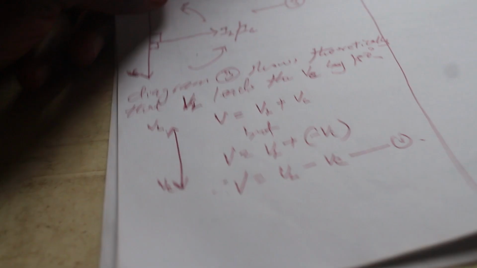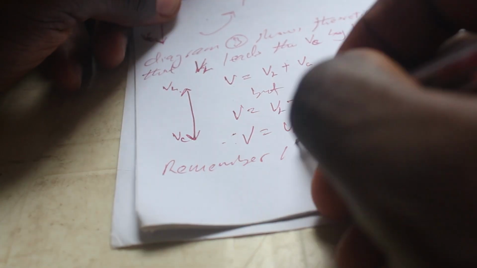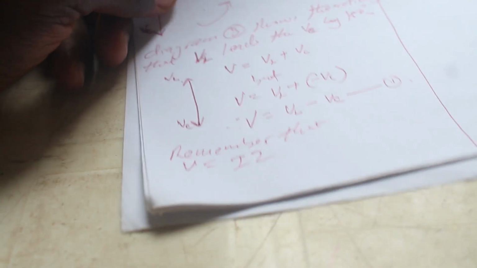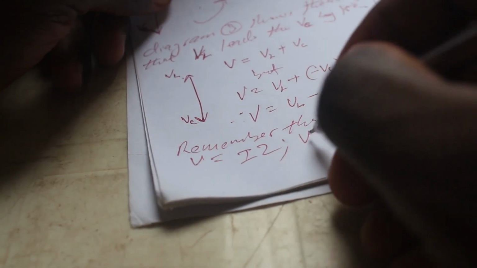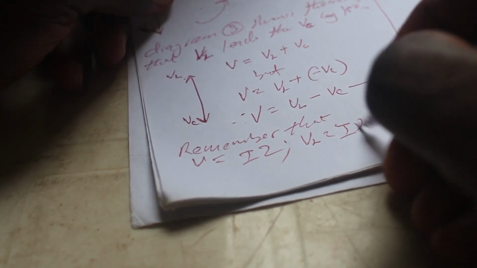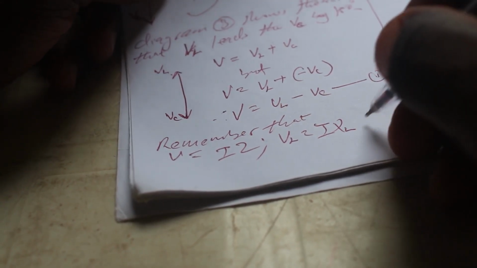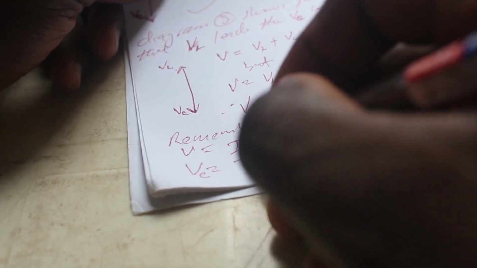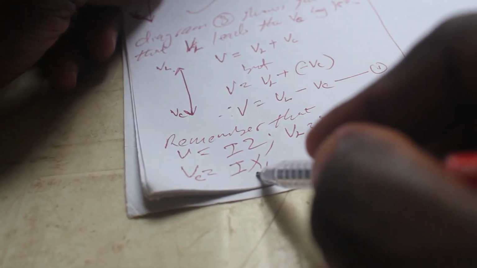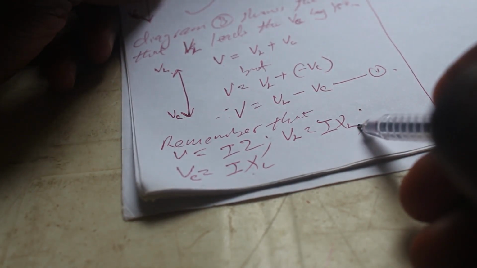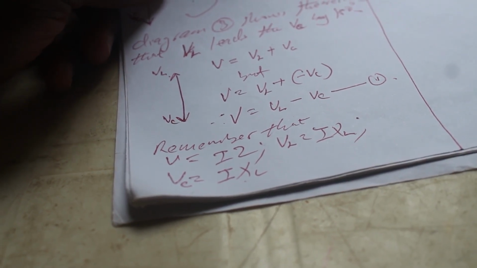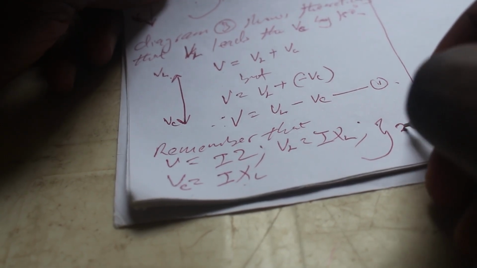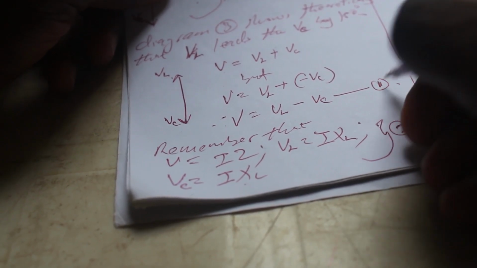Now if you use Ohm's law, remember that V is equal to IZ, VL is equal to IXL, and VC is equal to IXC, where XL is the inductive reactance and XC is the capacitive reactance. We call this equation 2.